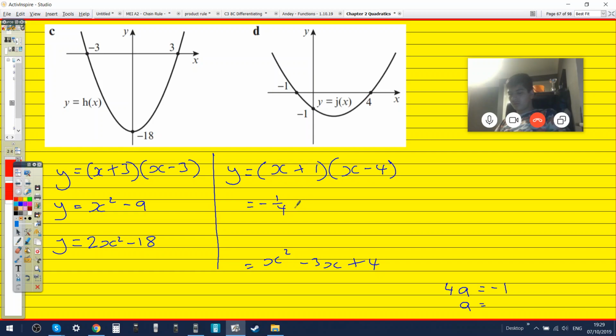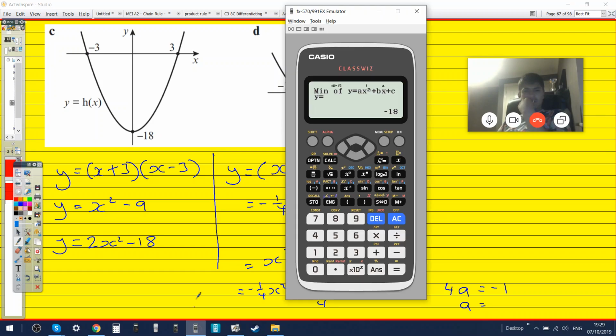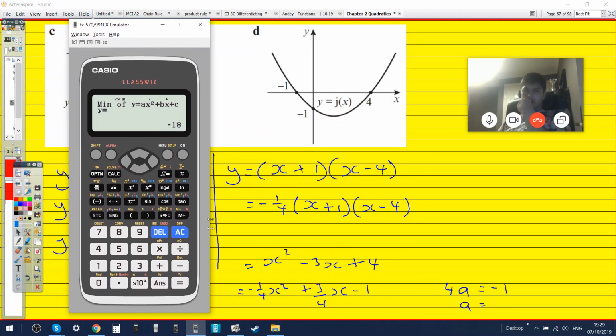So I believe it's going to be everything times minus a quarter. And so that's minus a quarter x squared plus 3 over 4 x, and then that one's minus 1. Let's check that one out. Minus 0.25, 0.75, just quicker to use decimals. Minus 1.